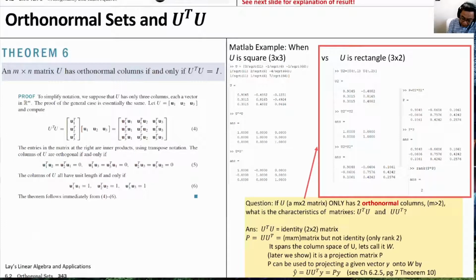Let's see orthonormal sets again in the form of U transpose U. If a matrix U, it can be rectangular, has orthonormal columns, then we can very quickly know that it has orthonormal columns by performing U transpose U. Why?